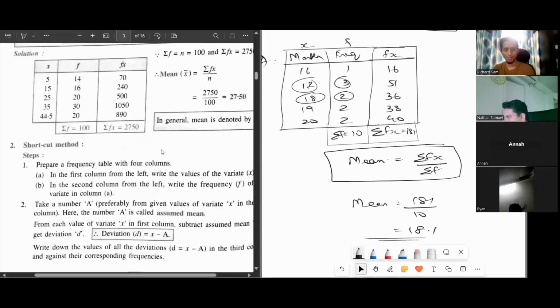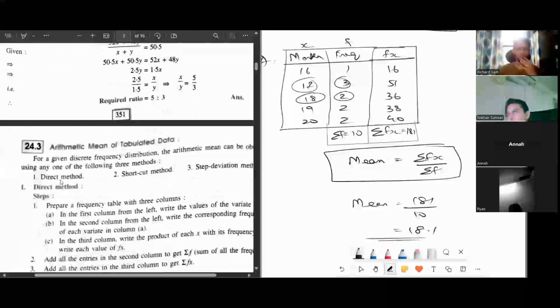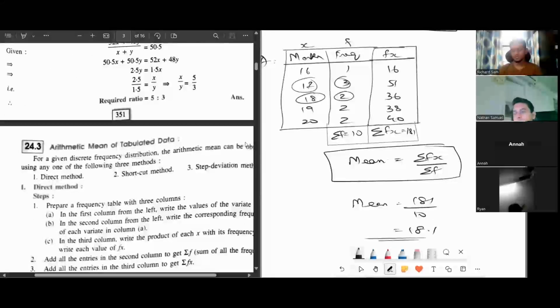Now this method that you just solved is called the direct method. There's nothing complicated about this, right? You're just setting the marks, frequency, and then you're finding this column called fx, summation of fx, summation of f, and then dividing both.